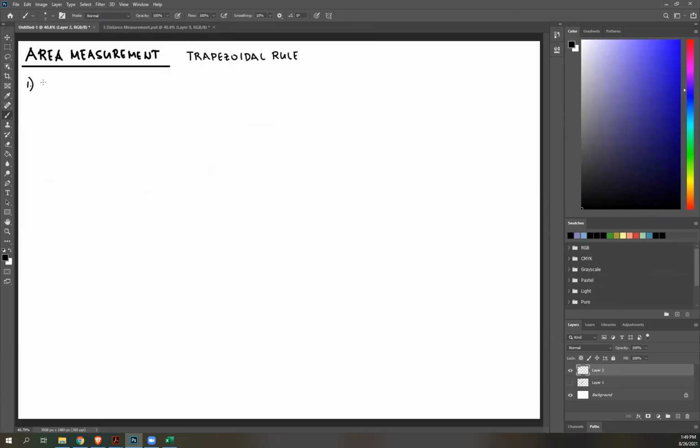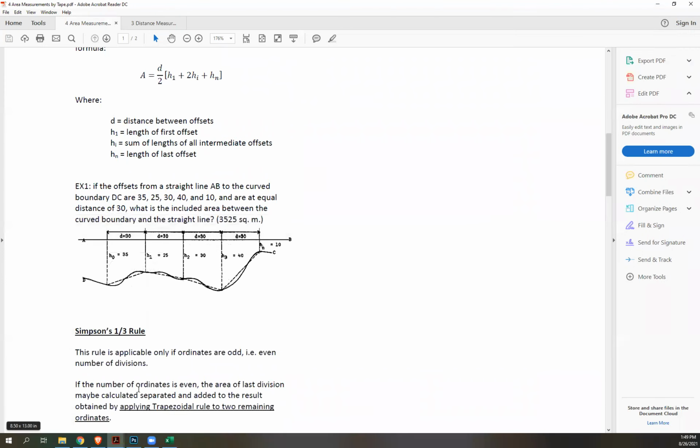So area is D over 2 times H1 plus twice Hi plus Hn. Looking at example number 1, can anybody give me the value of D?